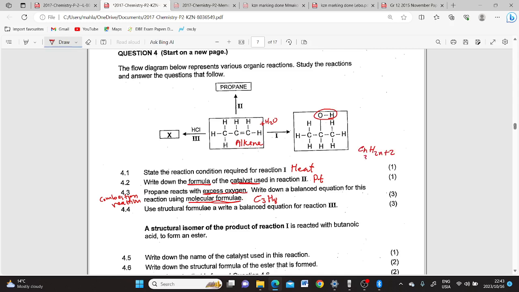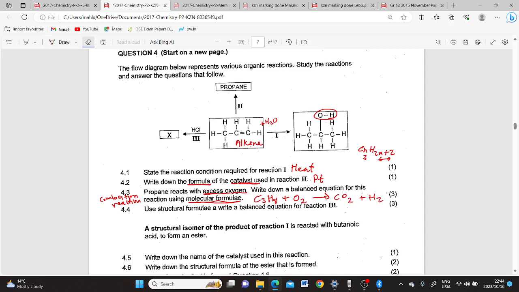We have 3 carbons, so we multiply 3 by 2, we have 6 plus 2, going to have 8, so we have C3H8 plus O2. Then they always produce CO2, which is carbon dioxide, plus H2O.